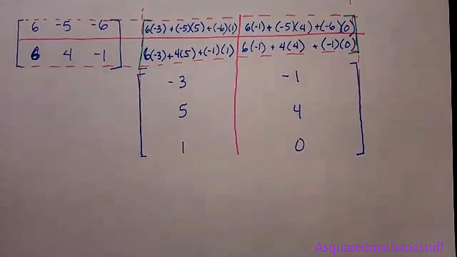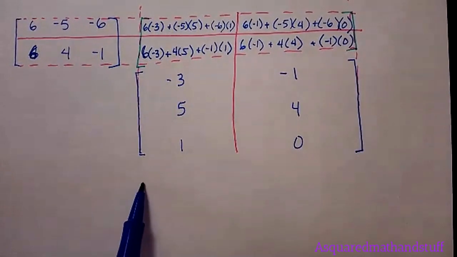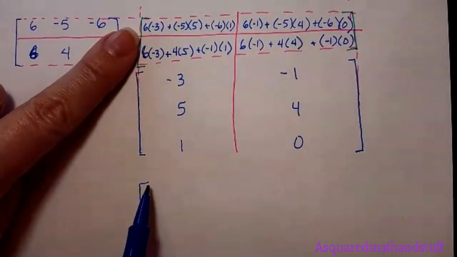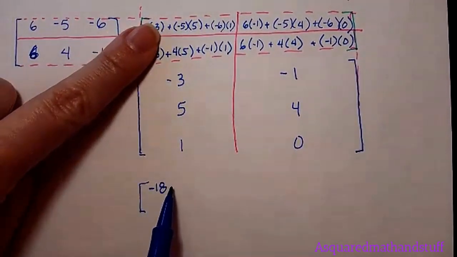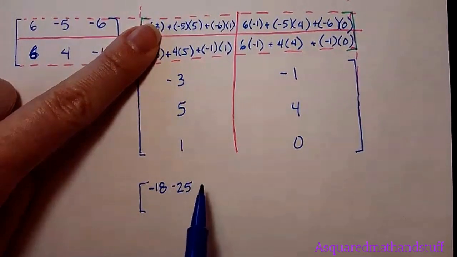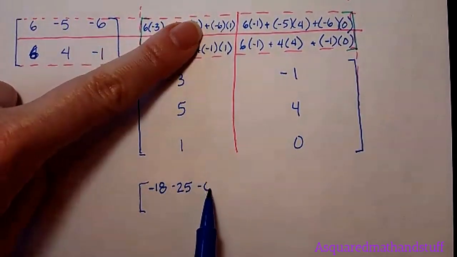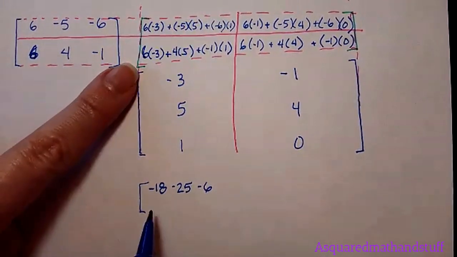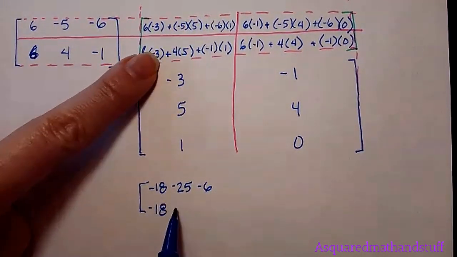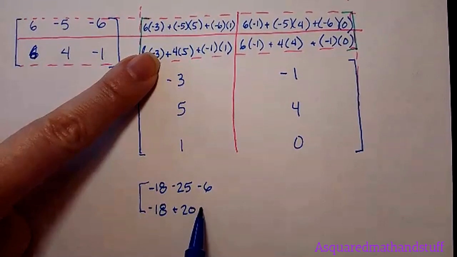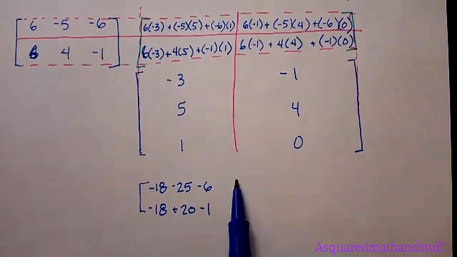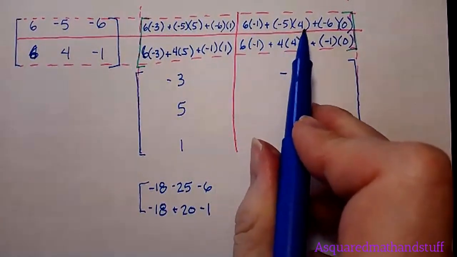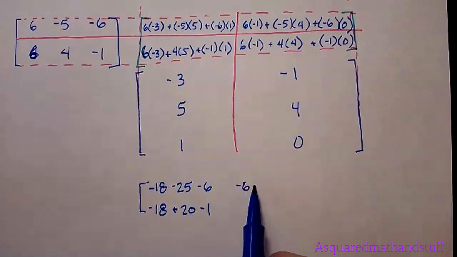Working those out, we then get -18 minus 25 minus 6, and then we will get -18 plus 20 minus 1. We'll have -6 minus 20 plus 0.